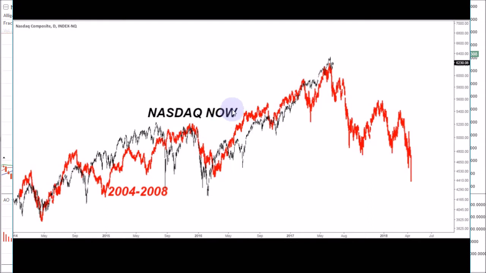And I guess, and I'm not sure about this, I haven't researched this, you have to have a certain amount of time, a certain amount of candles to look at. In this case, you see that this person looks at the Nasdaq now, which was here at 6.2, and then 2004 to 2008 was a heavy crash, especially here at 2008.